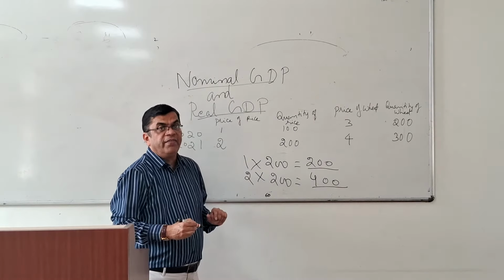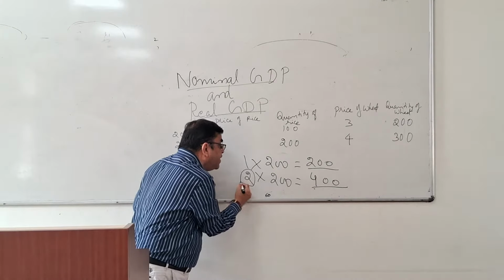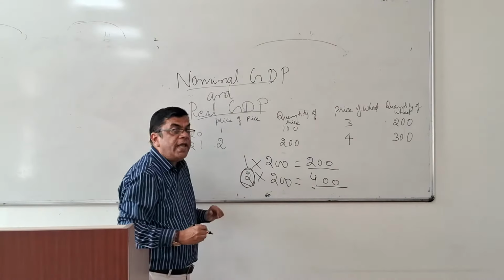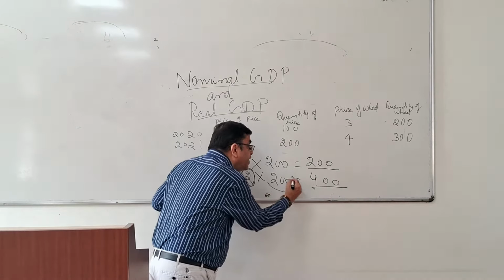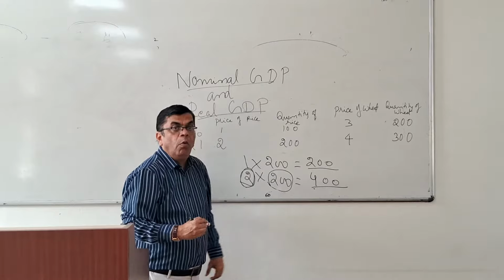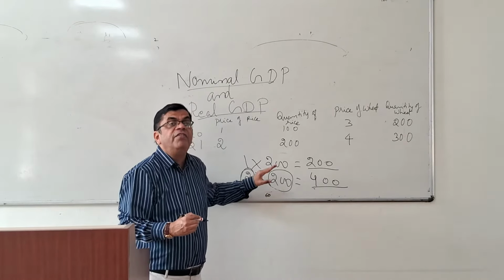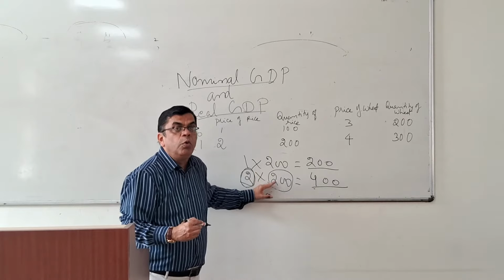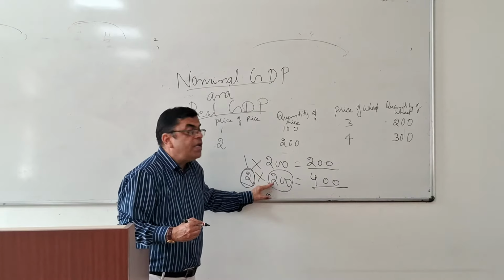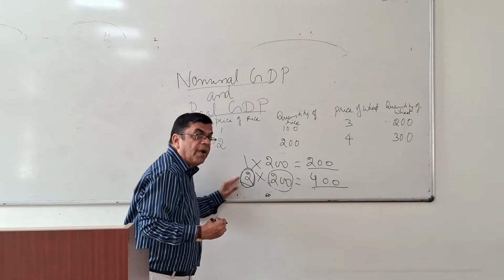It is not the case, because this rise in GDP is due to rise in price of the commodity and not due to rise in the quantity of goods sold. What do I have to find out? How much of the rise in GDP is due to rise in quantity of goods produced rather than rise in price.